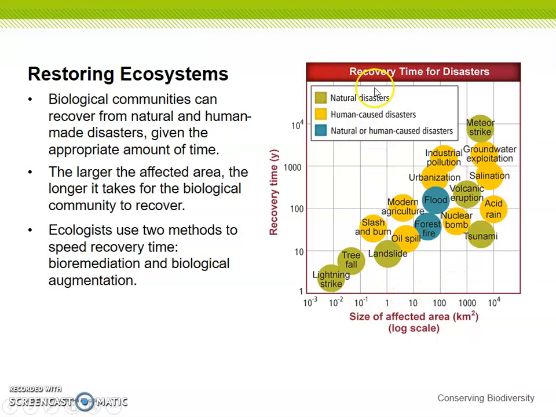The greenish ones are natural disasters, yellow, human disasters, or blue, which are natural or human-caused disasters. So it's not clear what the actual cause was there. So here we have the size of the affected area and the approximate recovery time. So you'll notice that man-made disasters are usually pretty high up on the list.